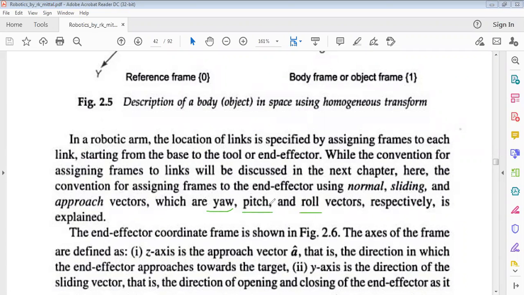Yaw, pitch, and roll are the wrist motions. According to these motions, the end effector can be moved in space, and it can grab or pick the object in 3D space. Now let us see how to convey those three vectors to the end effector. Let us look at the figure as shown below.